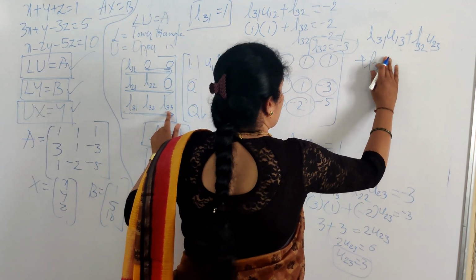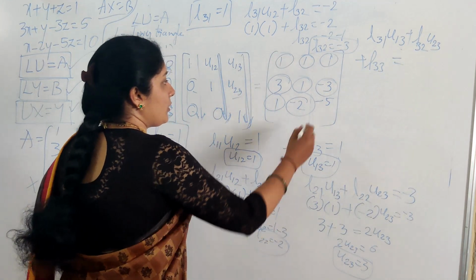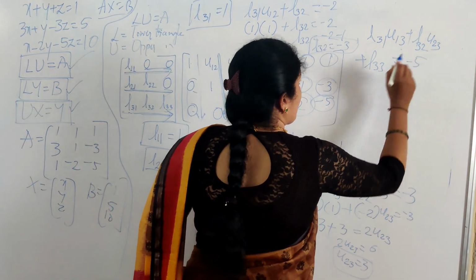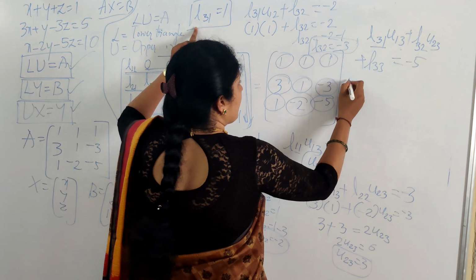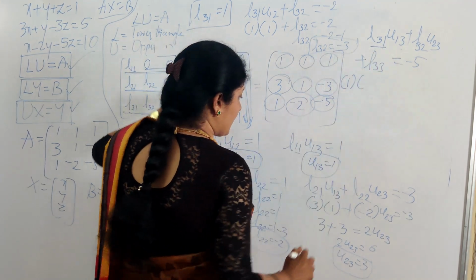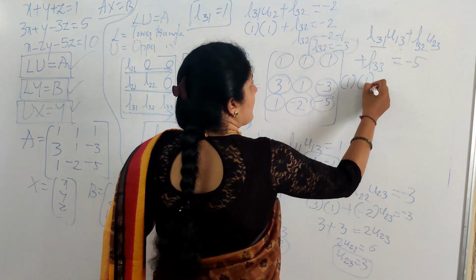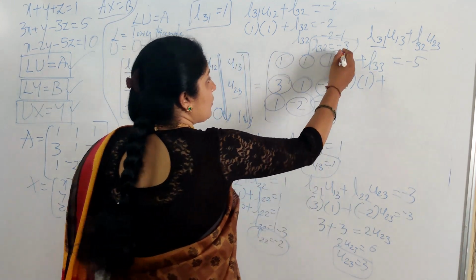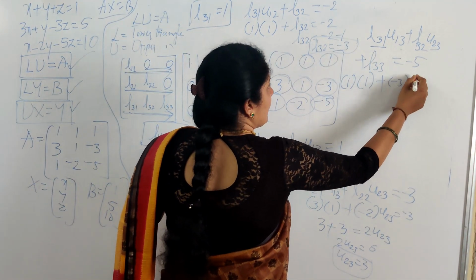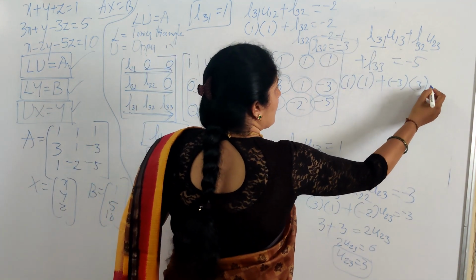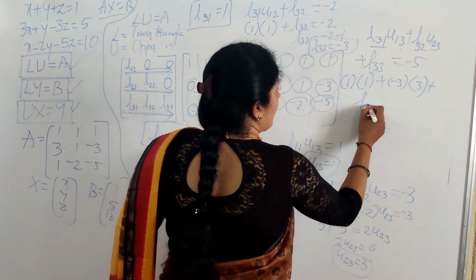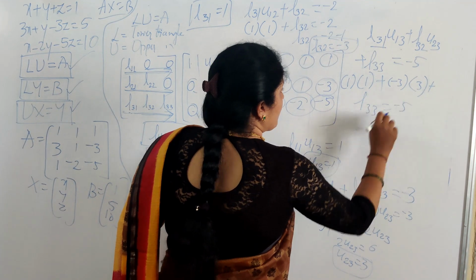That is equal to minus 5. So now L31 1 into U13 1 plus L32 minus 3 into U23 3 plus L33 is equal to minus 5.